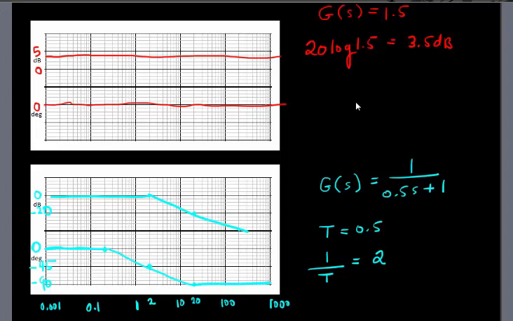So I'll show it in a bright magenta. And notice that the phase of my red plot here is 0 degrees. So when I add that to the other one, it doesn't change it. So the phase for the total will actually end up being unchanged.